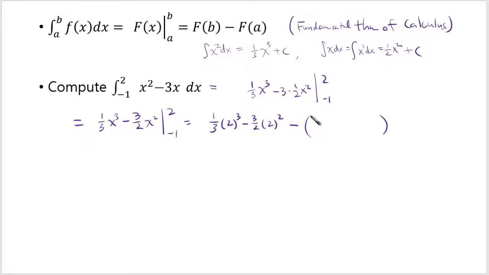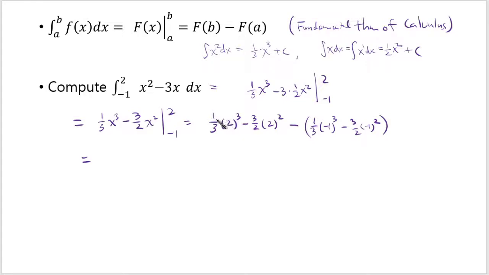So make sure you put this parenthesis, and 1/3. This time -1 is plugged in instead of x, so instead of x I put -1. It's also important to put this parenthesis. When you plug in values, please use parentheses like this. Okay, so 3/2, -1 squared.